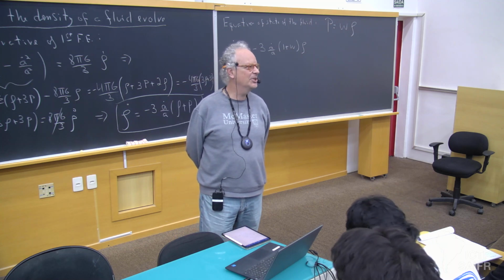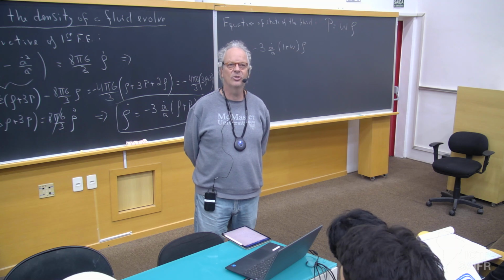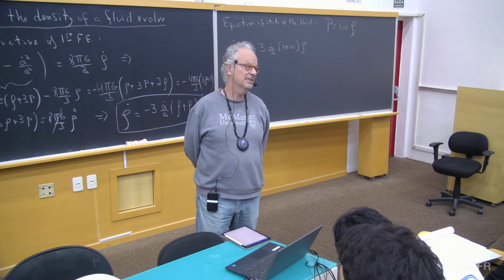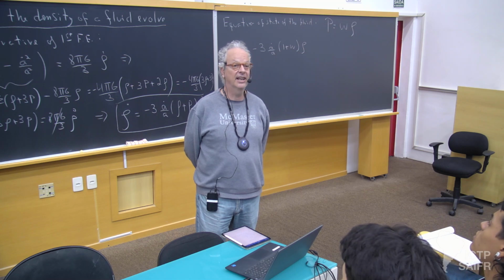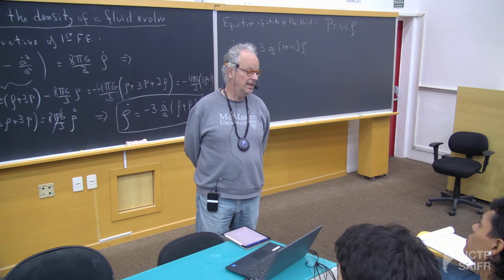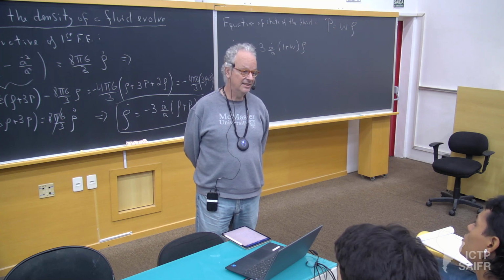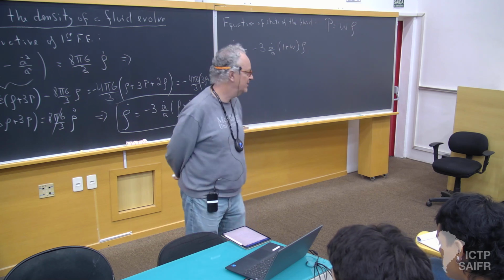So what is the equation of state for a gas of photons? Have you ever taken a course in statistical mechanics and studied relativistic gas? No, for a relativistic gas, it's not. 1/3, yes, very good.